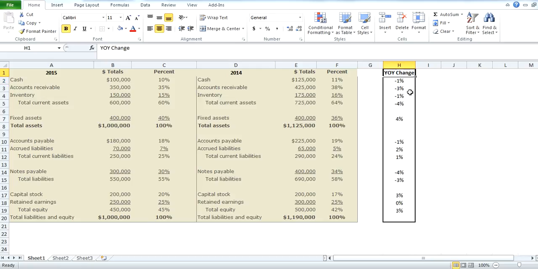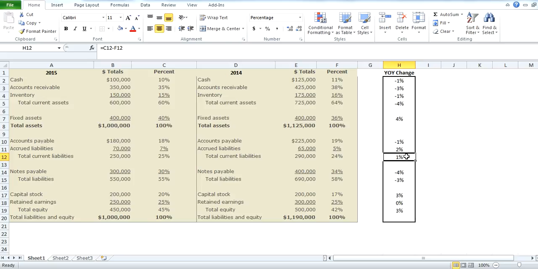Okay, so by looking at these percentages, we see that year over year, our total current assets have gone down, our total fixed assets have gone up, our total current liabilities have gone up. It's a small change. If your liabilities were going up 5, 10, 15, 20%, then you know that there's potentially a problem there.